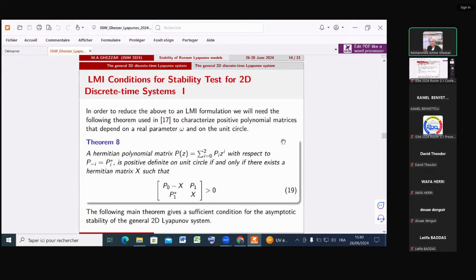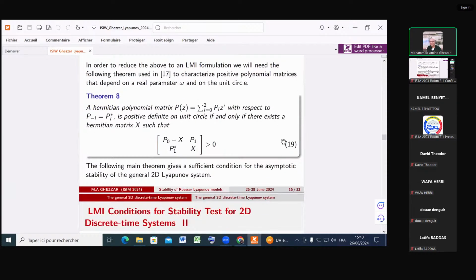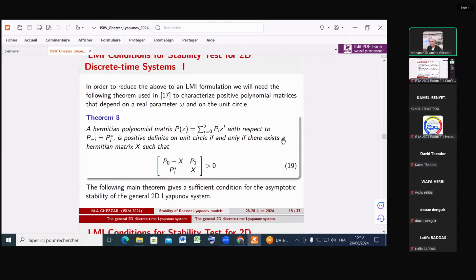Theorem 8 states that Hermitian polynomial matrices in the form P(z) equal to sum. This sum is positive definite if there is a Hermitian matrix such that formula 19. We have to know that this theorem 8 is from Jena et al., with the help of Professor Paul Van Dooren.